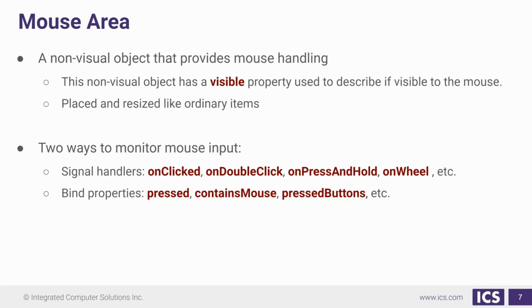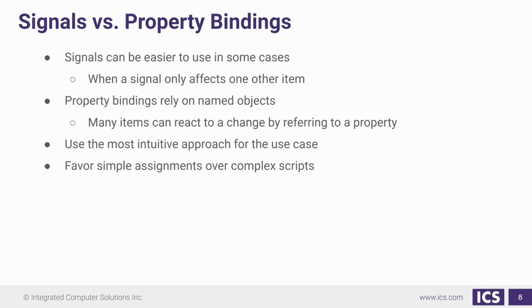When we want to monitor for input, we can provide actions and logic either using the signal handlers, like onClicked, onDoubleClicked, onPressAndHold, or we can bind certain properties like pressed, containsMouse, or pressedButtons, etc. Now, the difference between using a signal and the property binding is really the broadness of the reaction.